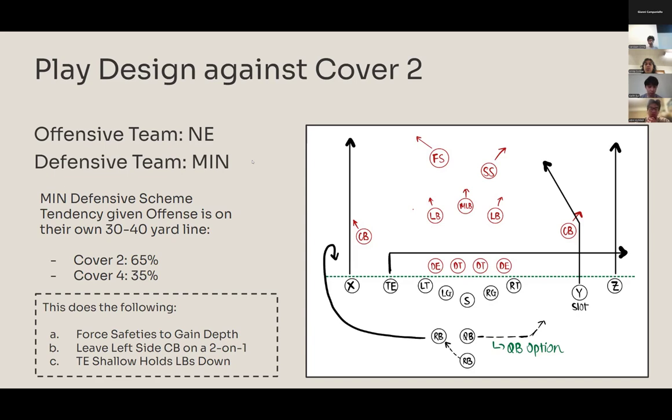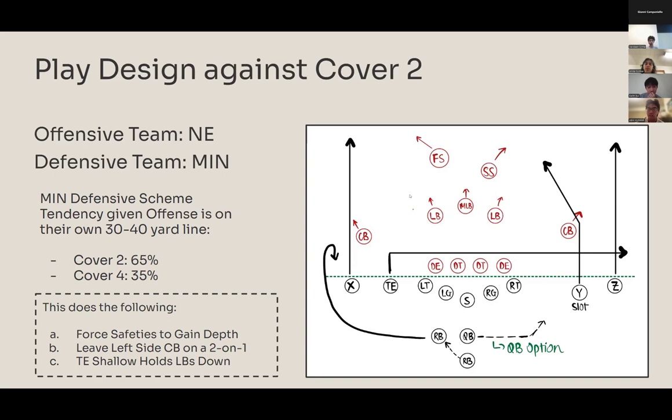And as we mentioned before, crosses targeted led to about a 75% success rate against two-high safeties. So with this option, we could take deep shots, and if all the safeties and the corners stay home, we can still hit the tight end for around a 5 to 7 yard gain, which on first and 10 is still valuable, and it's not necessary that we hit a deep shot every time.